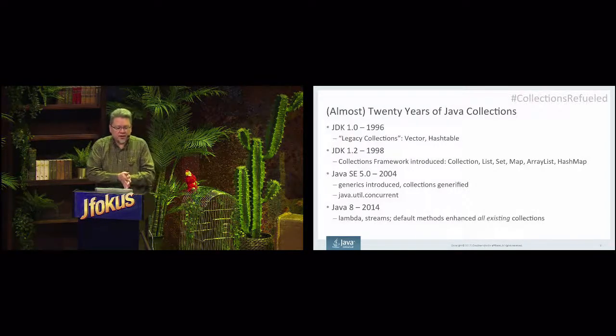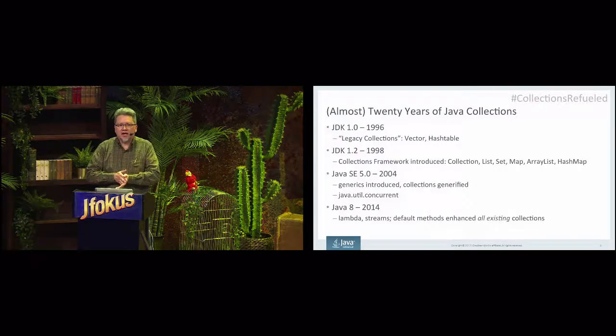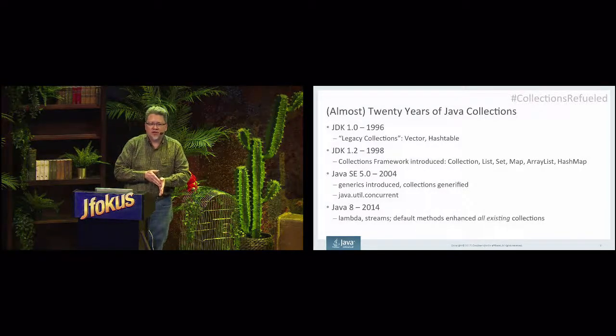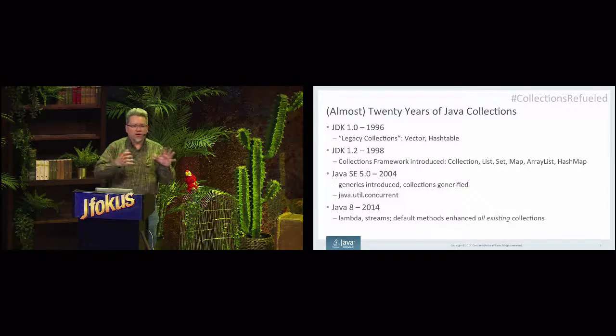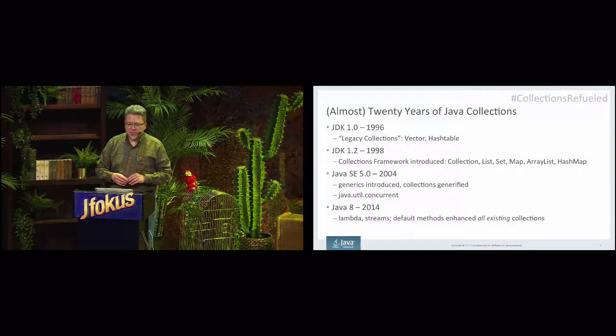Okay, moving forward, in Java SE 5, a bunch of new changes were made to the platform. The ones that impacted the collections the most were the introduction of generics. Generics were retrofitted to all of the collections interfaces and implementations.